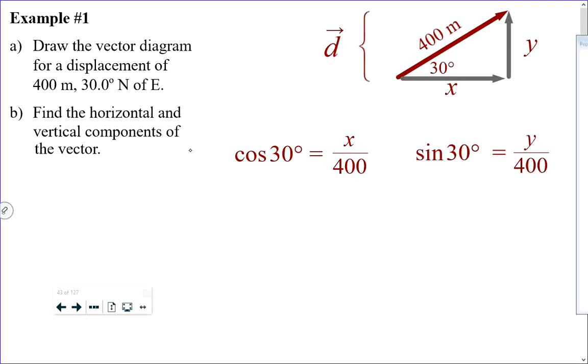x here will be 400 cos 30, which means times cos 30. y will be 400 sine 30. So can you confirm that for x you get 346.5 point something meters. Okay. And for y, you get exactly 200. No problem there?